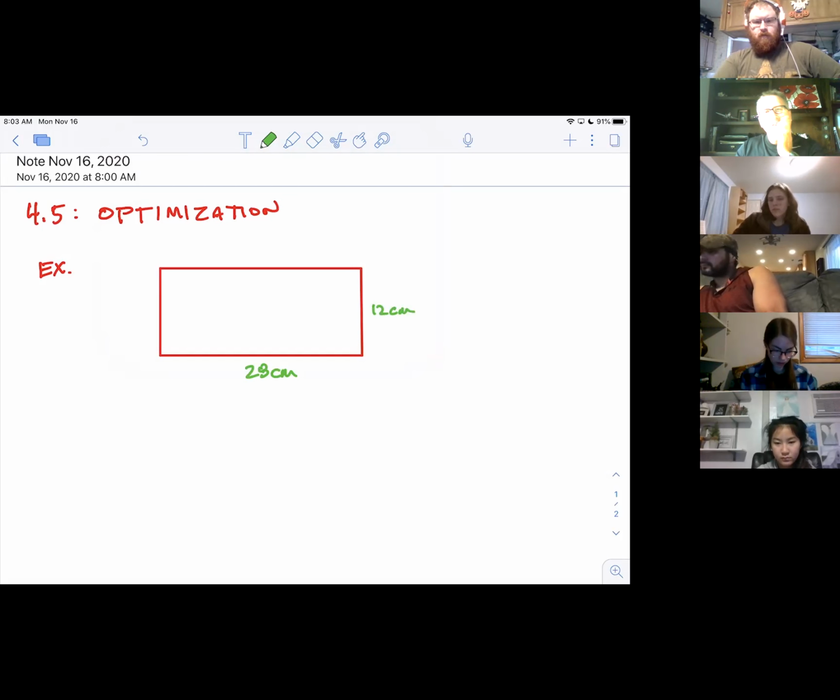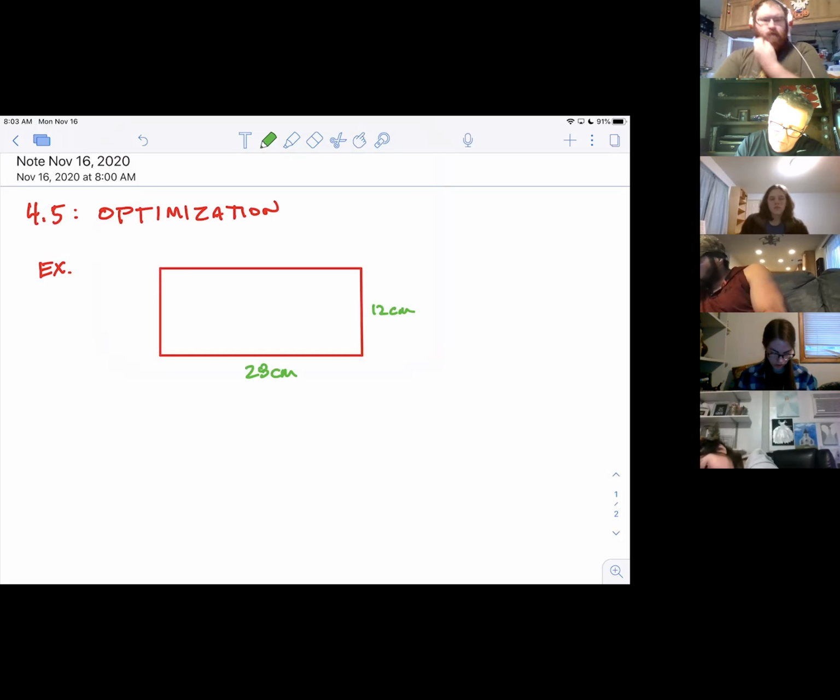So you have this rectangular piece of cardboard, and you're going to make a box out of it. In order to do that, you come over to the corner and chop a little square out of the corner. Does it make sense? It would have to be a square.